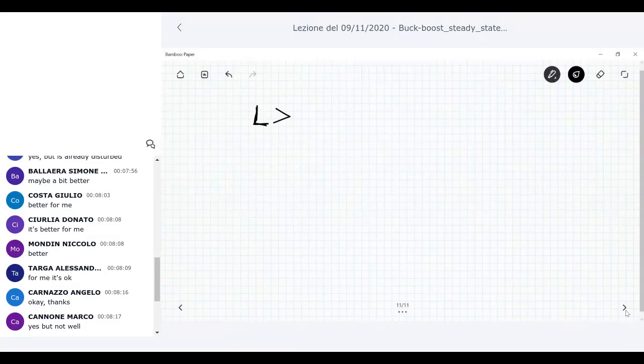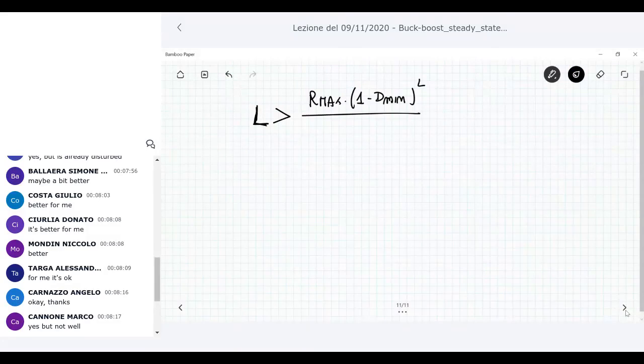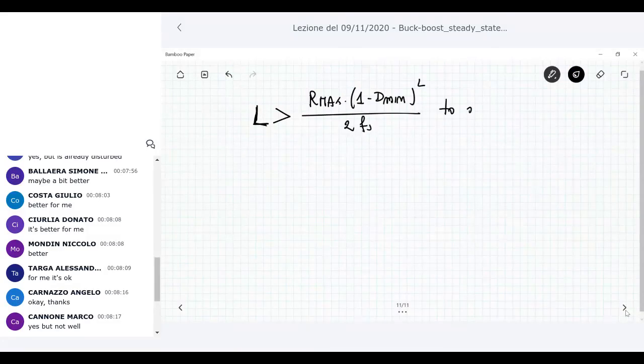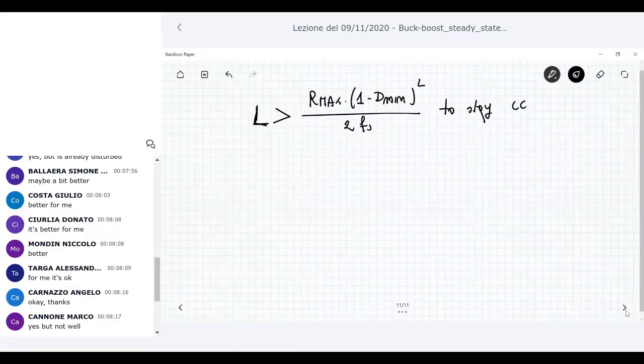L should be larger than R (1 - D minimum)^2 over Q Fs to stay in CCM.